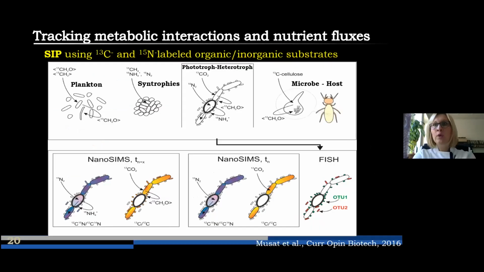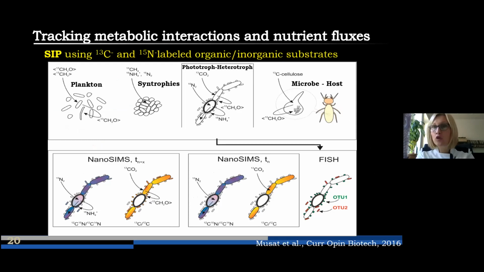So what you can do with this type of technique is look at photosynthesis in plankton, or let's say fixation of carbon. You can look at syntrophic interactions and channeling of carbon and nitrogen through these partners. You can look at different processes like nitrogen fixation.